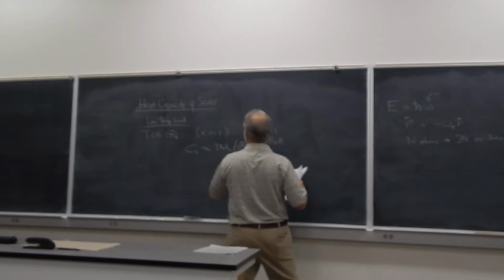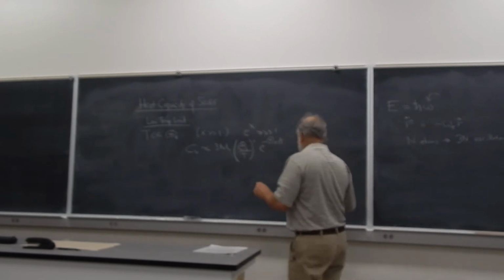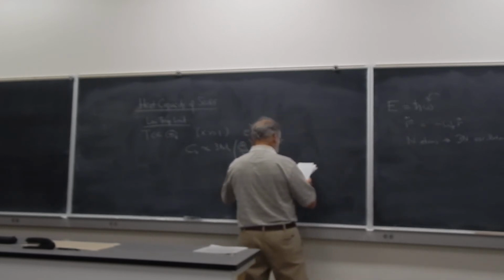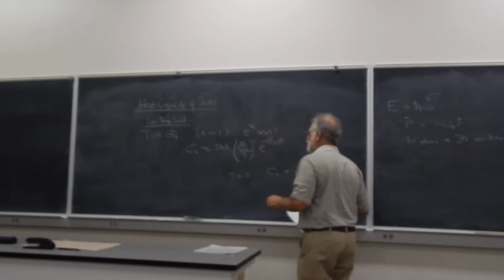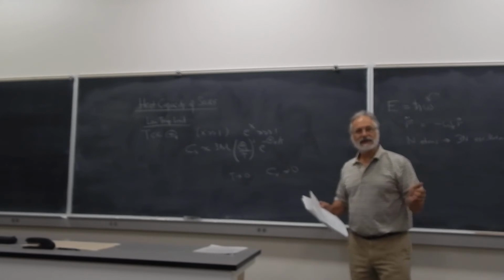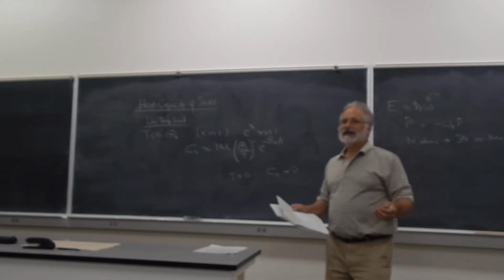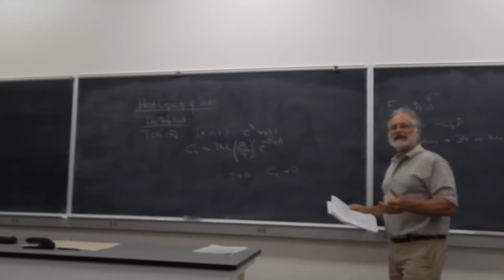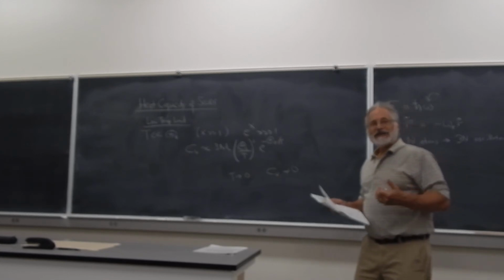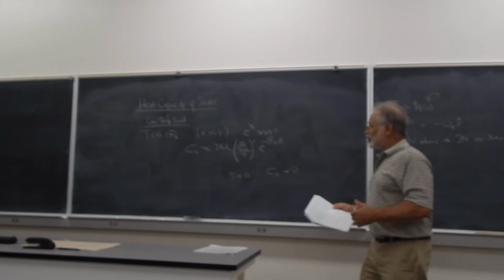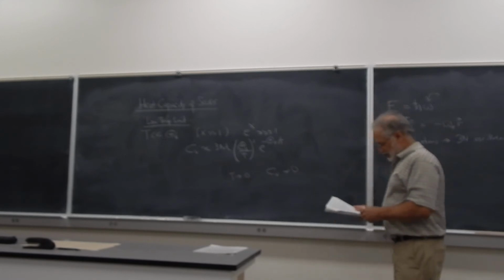The good news about this is that as T approaches 0, CV approaches 0. So qualitatively, this is correct. It's not exactly a match to the data, but it at least comes up with an answer that the specific heat or the heat capacity would approach 0 as the temperature approaches 0.